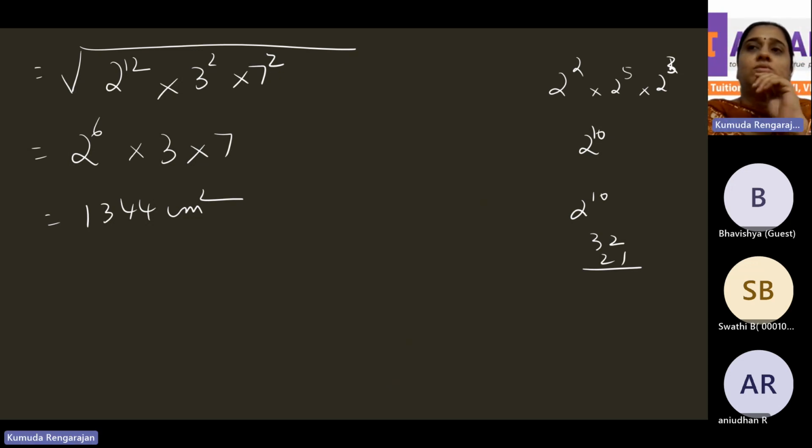Root of S into S minus A into S minus B into S minus C square units is the formula to find the area of a triangle using Heron's formula. A, B, C are the sides of the triangle and S is the semi-perimeter.